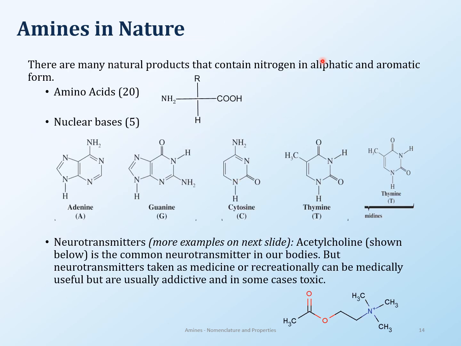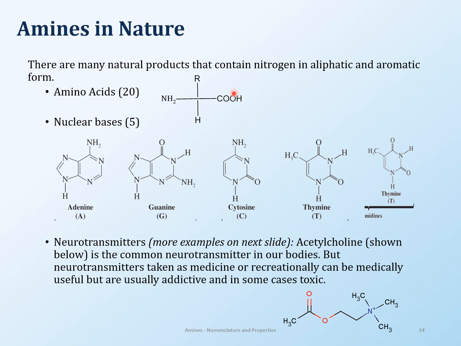You find a lot of amines in nature. I've been talking about all these functional groups and all the functional groups that occur in nature, which a lot of them do, and amines are no less. It's almost as common as, I would say, carboxylic acids, and alcohols for that matter. So here you have amino acids, which have an amine group.